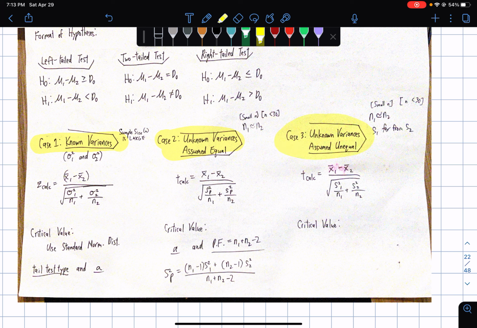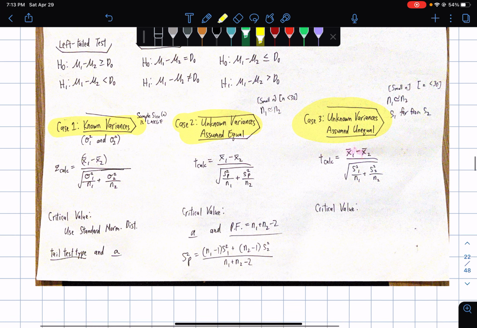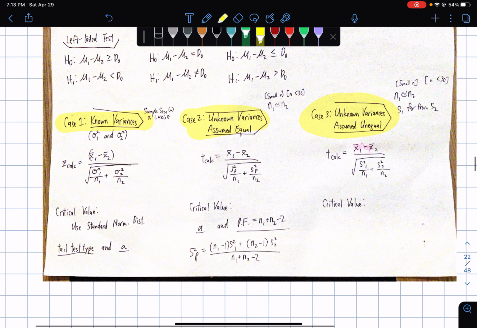Case 3, the same thing, unknown variances, but this time they're assumed unequal. The formulas of case 2 and case 3 are the same, but the only difference is that in case 3, because there is an assumption that the variances are unequal, S1 and S2 are different. For case 2, they're the same, by which there is a specific formula to compute for SP raised to 2.